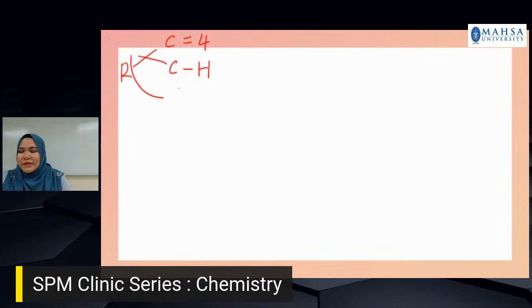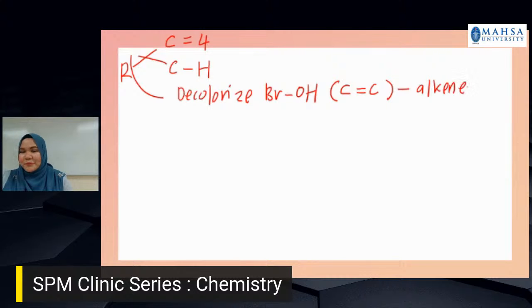And then the information: decolorized bromine water. Decolorizing bromine water means that it contains a C double bond C, which is known as your alkene group. S has carbon equal to 4. Then you can see the information that it only contains carbon and hydrogen atoms.